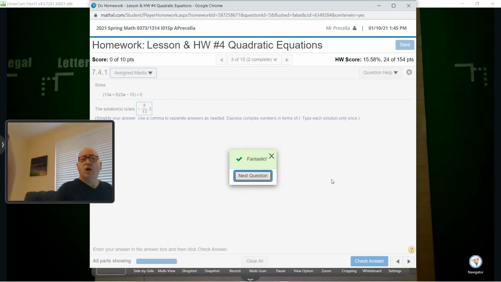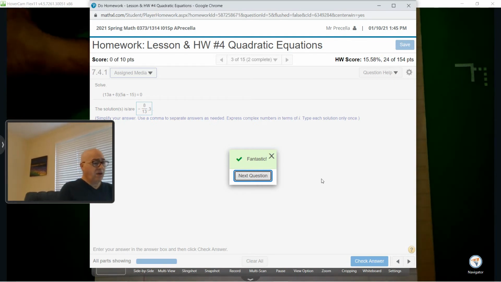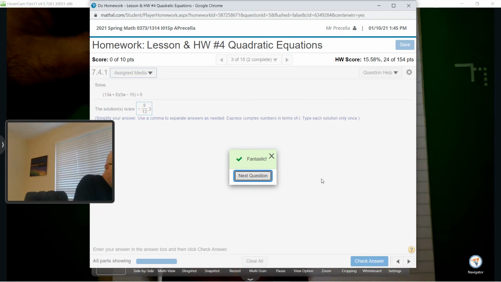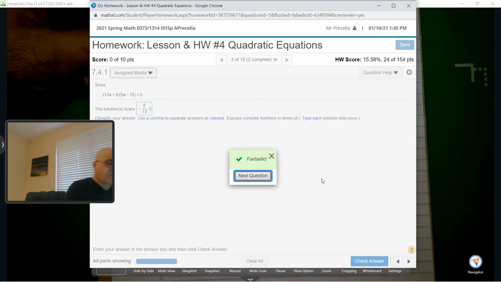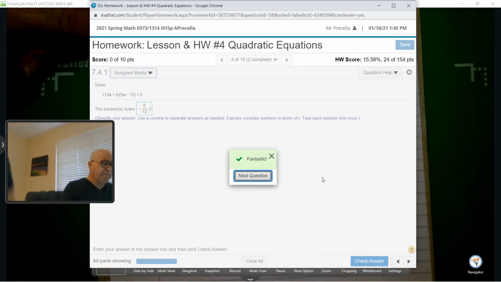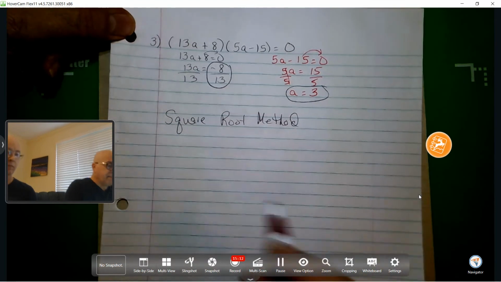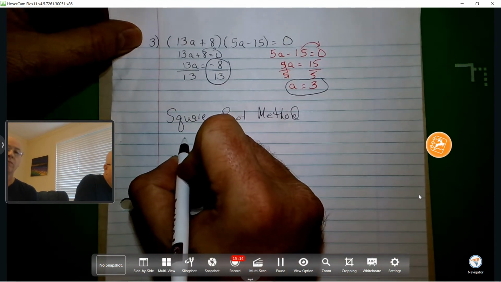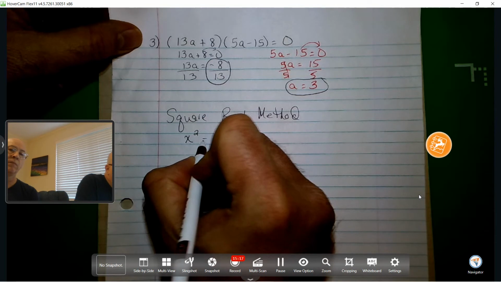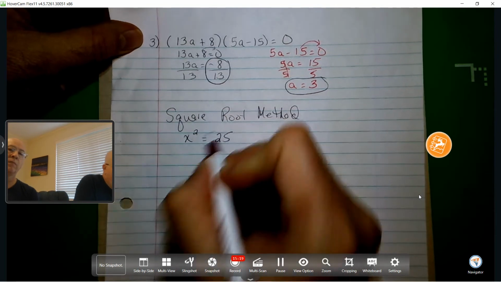Now, the next method we're going to look at is something called the square root method. The best way to illustrate that is if you just had something like this: x squared equals 25.